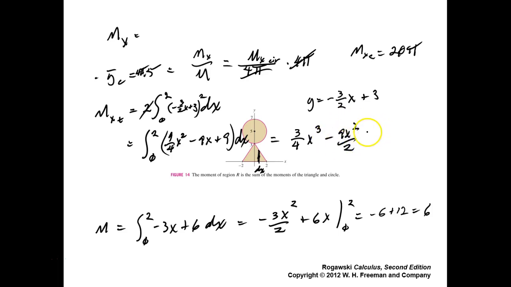Got it. Let's evaluate it from 0 to 2. All right. So I'm pretty sure that's going to be 8. 4 going to 2. That would be 6.